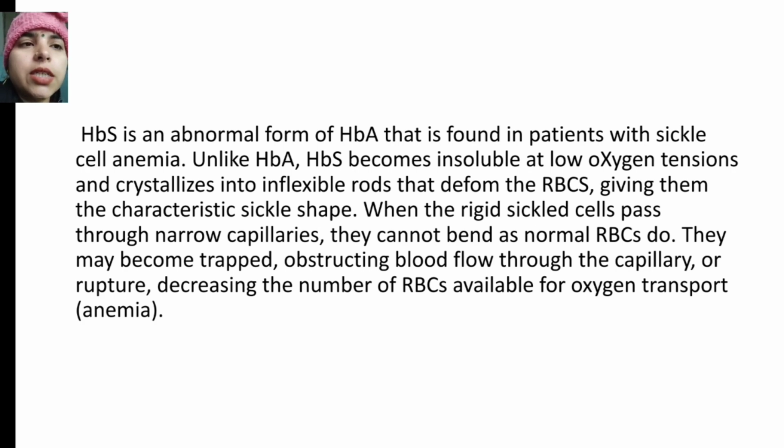When the rigid sickled cells pass through narrow capillaries, they cannot bend as normal RBCs do. They may become trapped, obstructing blood flow through the capillary, or rupture, decreasing the number of RBCs available for oxygen transport, which is known as anemia.